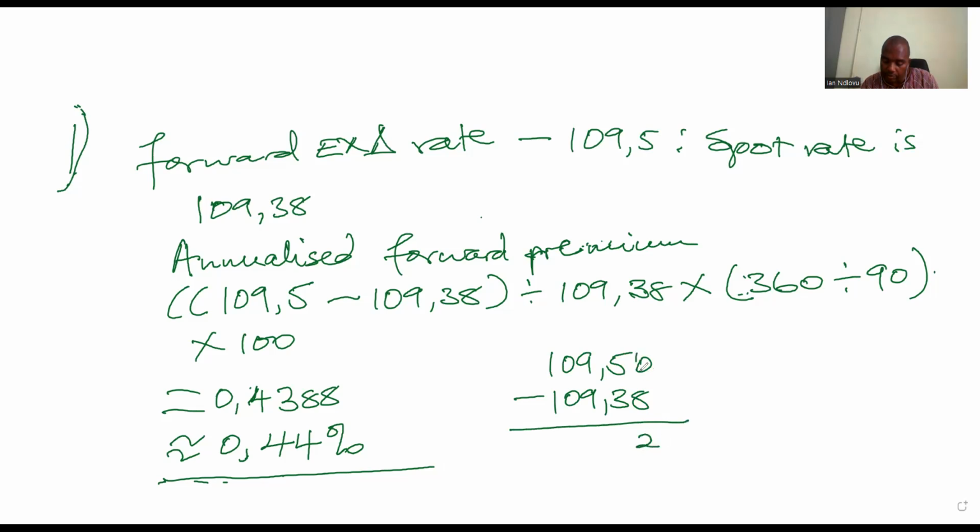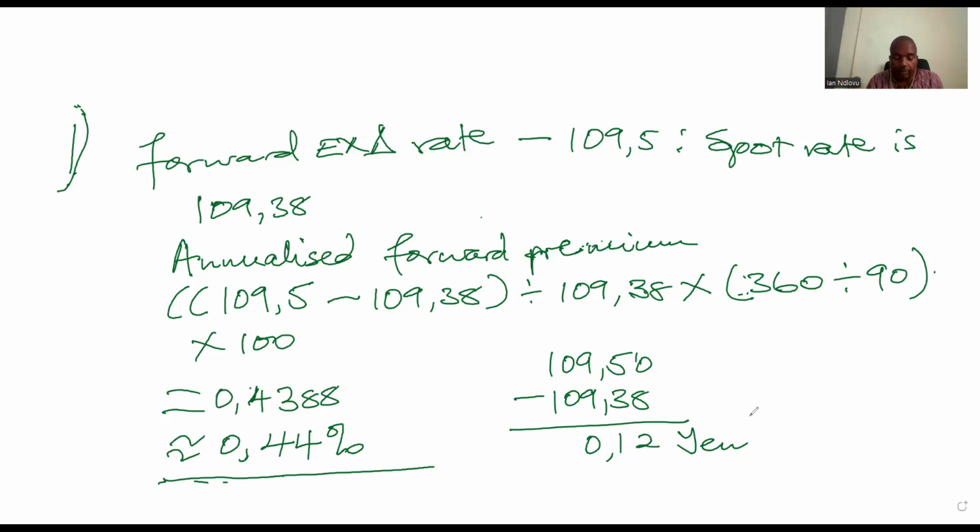So that's where we are getting the 12 cents of a yen. It's 0.12 yen per US dollar. So that's the premium, the forward premium.